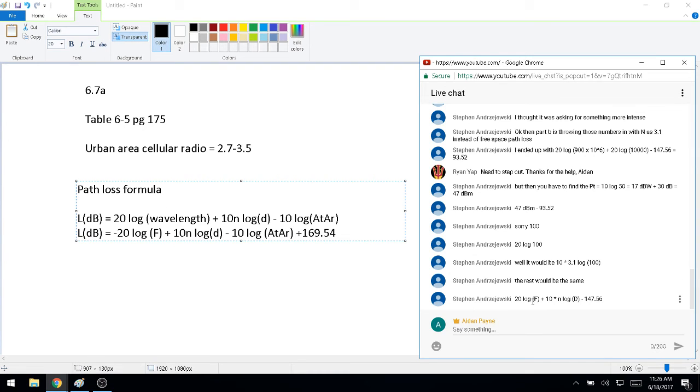Okay, so there's Stephen's initial starting formula with 20 log f plus 10n log d minus 147.56. And which page, or where did that original formula come from? Because that's different than our formulas here, and I want to make sure people understand which formula they have to use when, because that seems to be a sticking point for a lot of people. So I want to make sure we get why it's different.